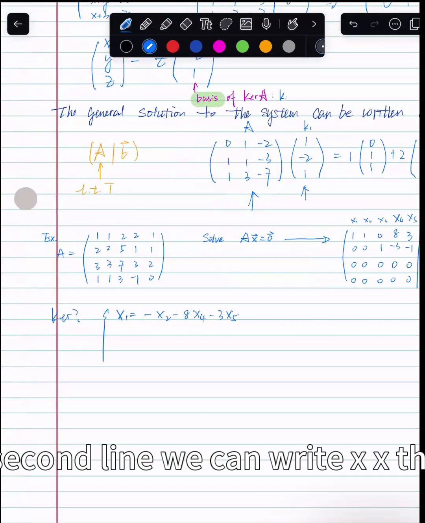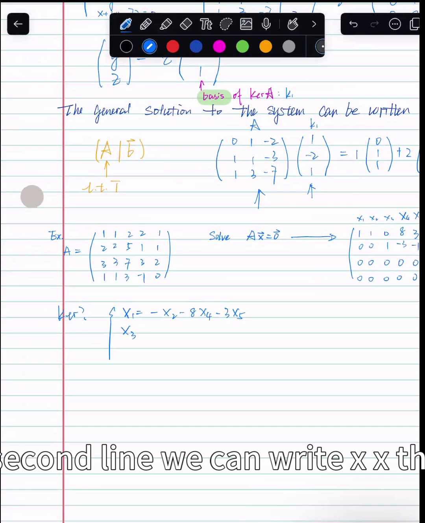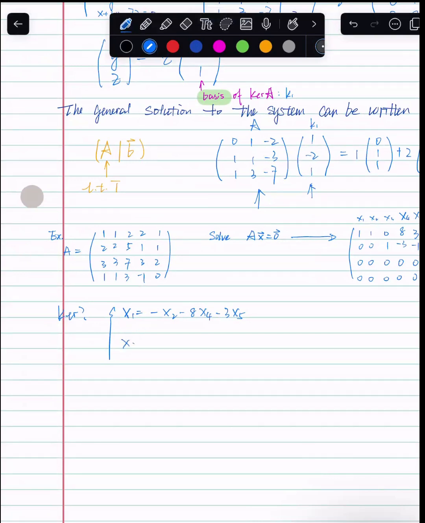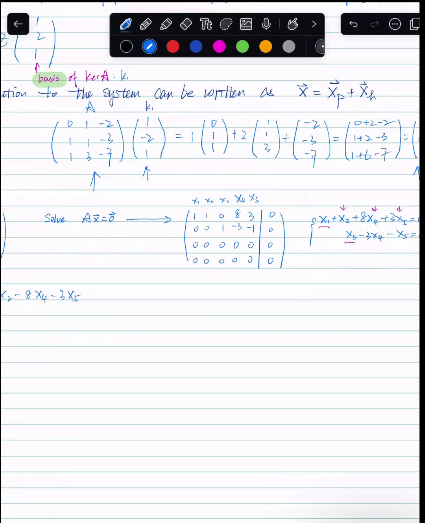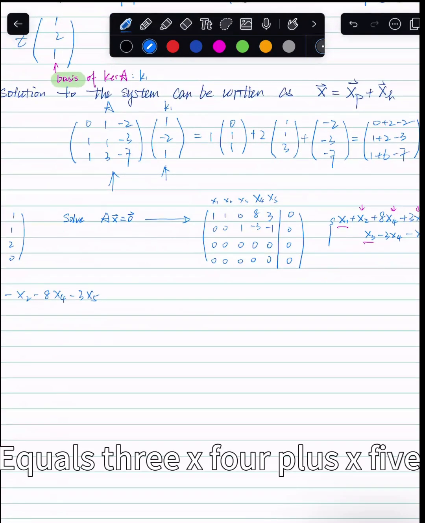And then from the second line, we can write x3 equals 3x4 plus x5.